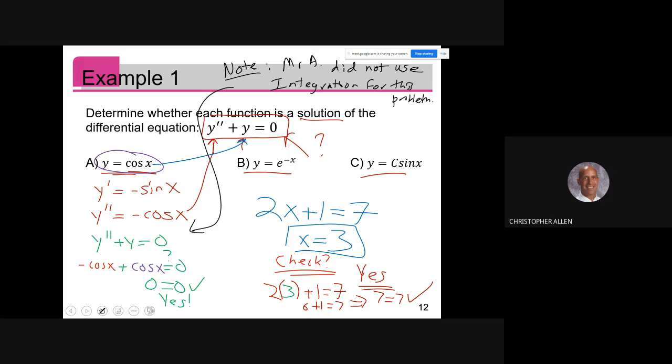You go back to the warm-up. In the warm-up, I didn't tell you the solution, did I? In the warm-up, I said, find the solution, basically, right? And you had to find it through integration.